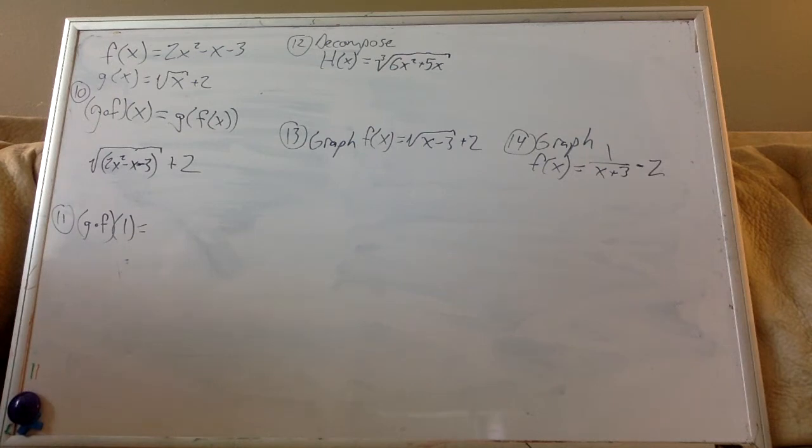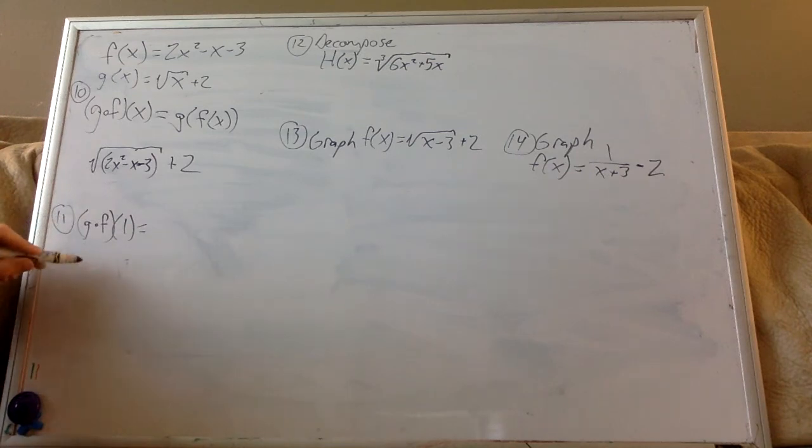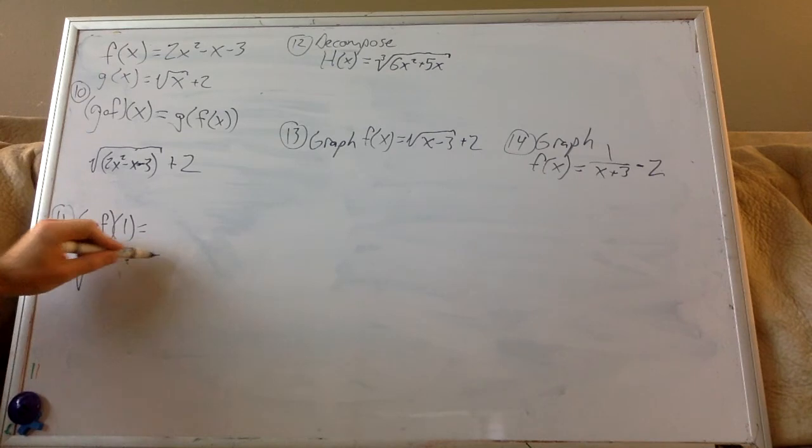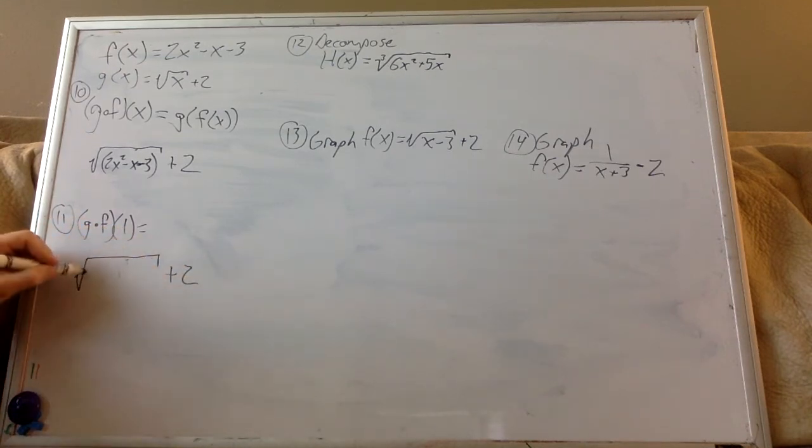So that's pretty straightforward. There's not a lot I can do to simplify that. Now it asks me to have the same thing but evaluate it at 1. Well, because we already have the function, pretty straightforward. I can just take my function and put in 1s.